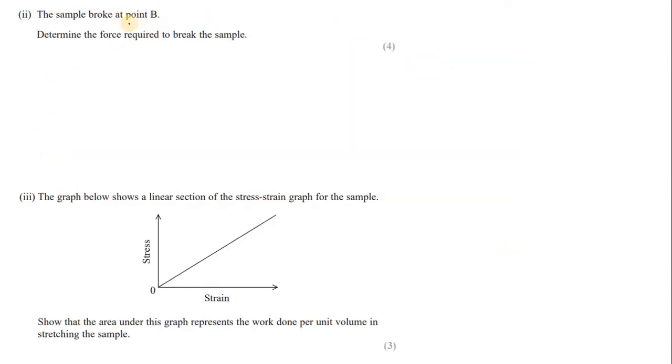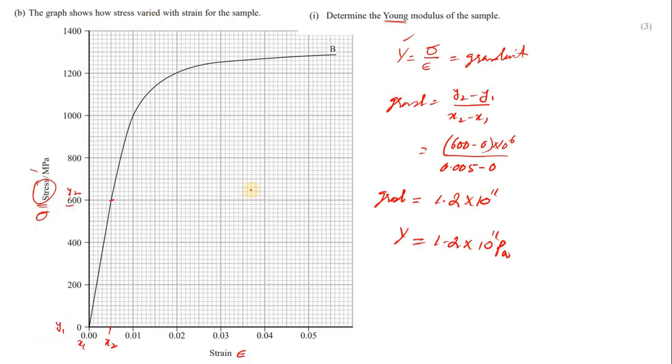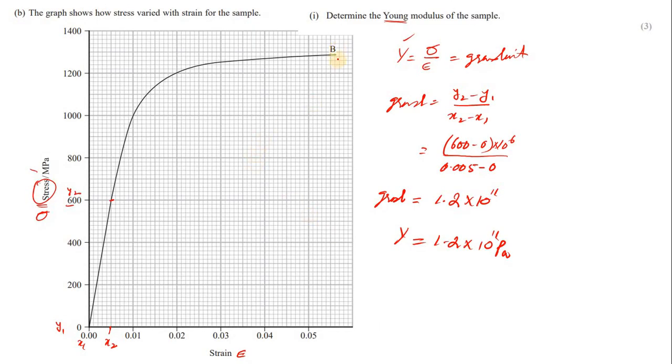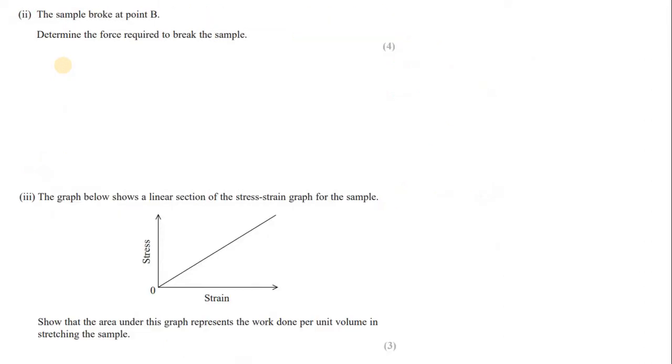The sample broke at point B. Where is the point B? If you go back, this is the point B where the sample is broken. Determine the force required to break the sample. Of course, you have the stress at which the sample broke, and we need to find the force.